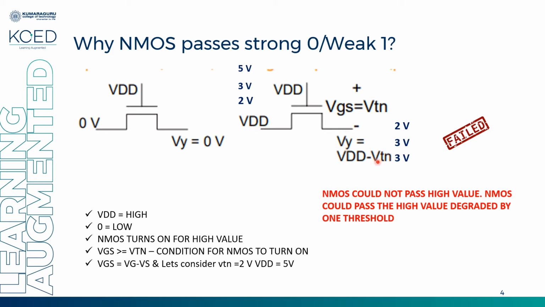In that way they would have derived and obtained the condition also. So they will justify that whenever my VGS, at the drain terminal, is going beyond VDD minus VTN, the transistor will remain in off condition. So on the whole, my NMOS will not pass a strong 1, it will pass only a strong 0.